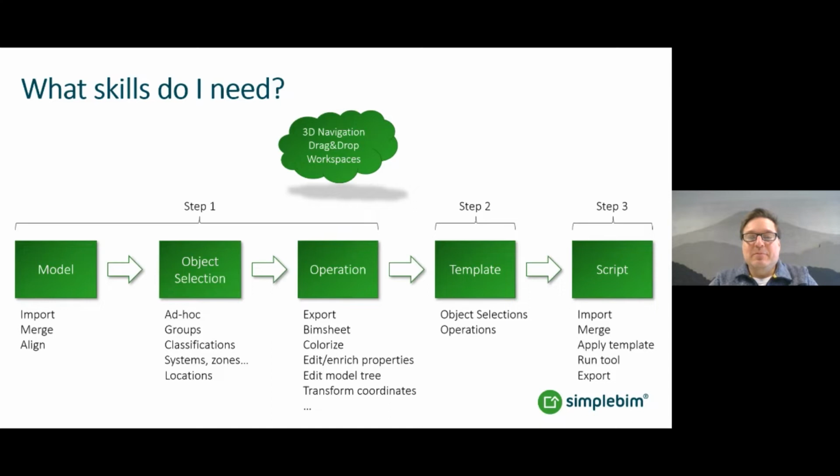And then you have step 3 to get the maximum value from your BIM models. Okay, so then you basically say, well, I want to automate this really. So I set up a script that imports a model, maybe merges other models to it, applies these templates, runs some tools, and then exports a new IFC file, which is then the one you use in your operations, what you want to do with the model.